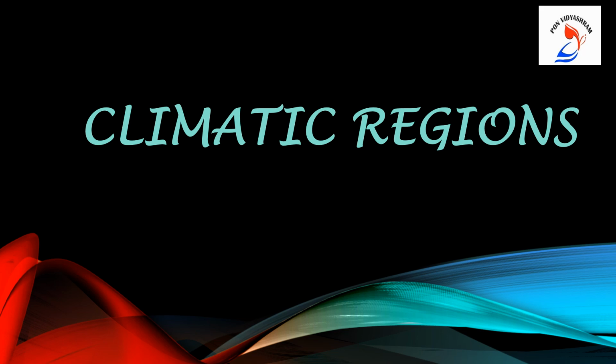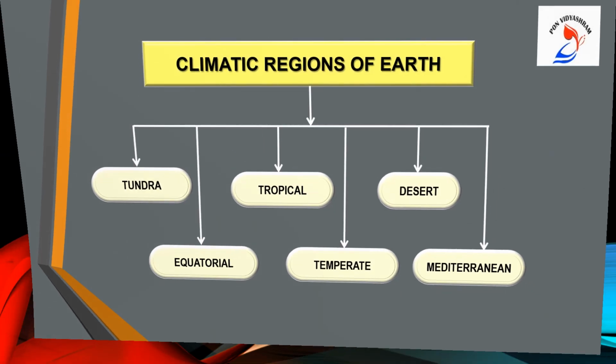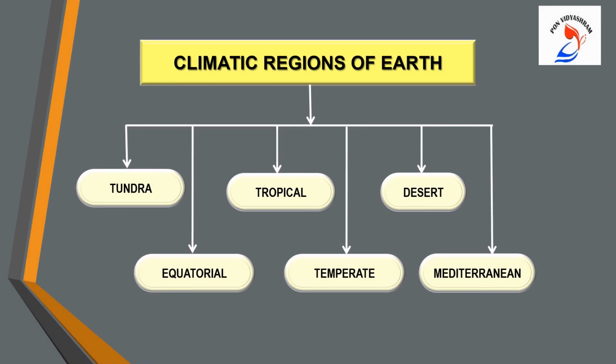The world has been divided into various climatic regions on the basis of the climatic conditions experienced in them. So let's see. The climatic regions of the earth are tundra region, equatorial region, tropical region, temperate region, desert, and Mediterranean region.